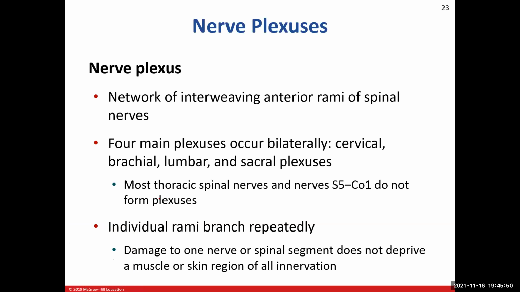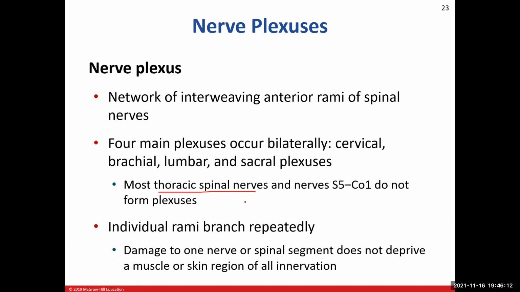And they're bilateral, so you're going to have the right and the left. Now, we don't really see any plexuses in the thoracic region, or even in the distal sacral and coccygeal region. Most of those spinal nerves just go on and innervate other structures.